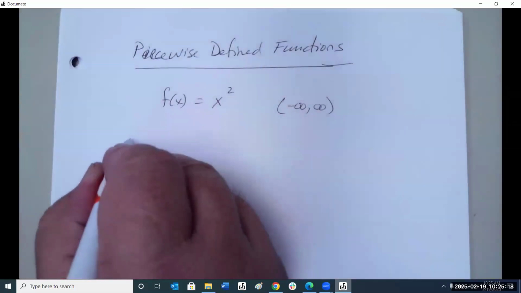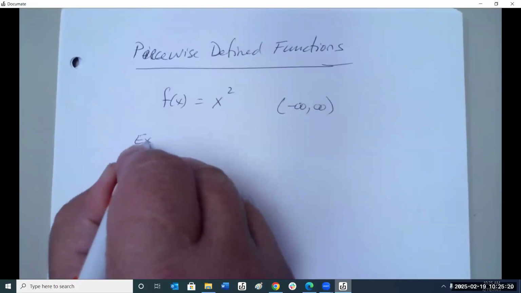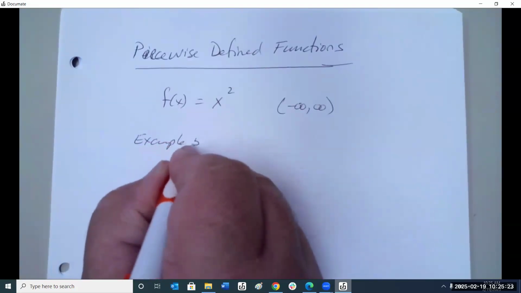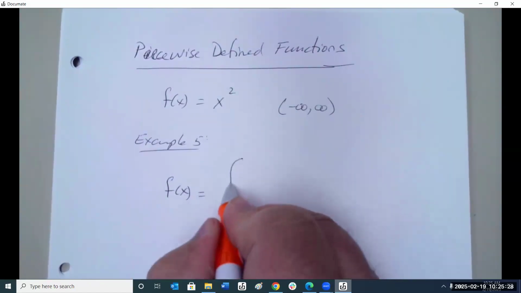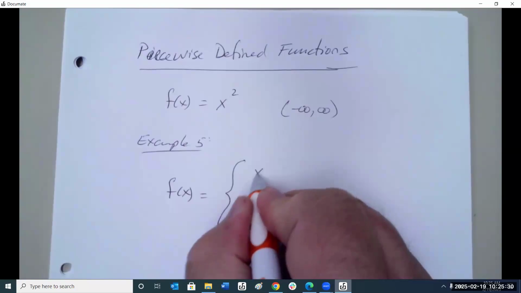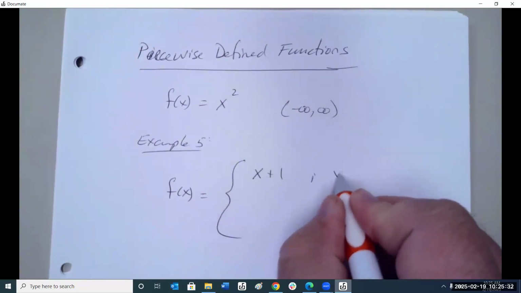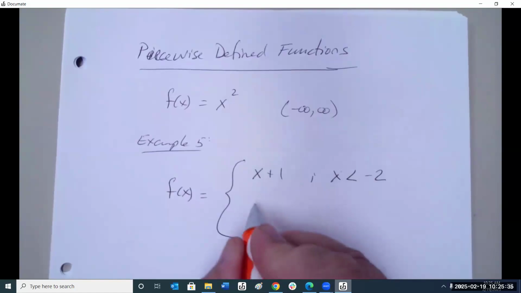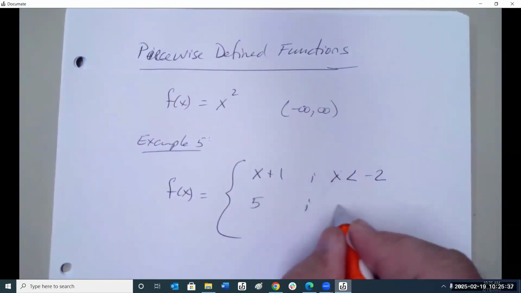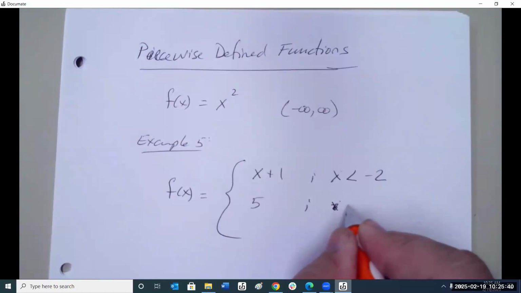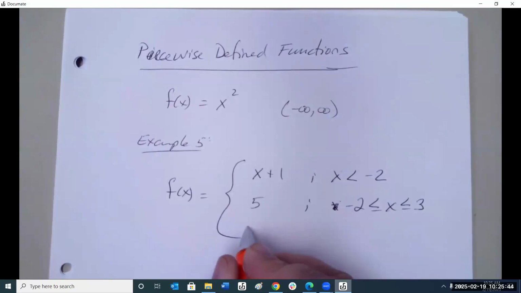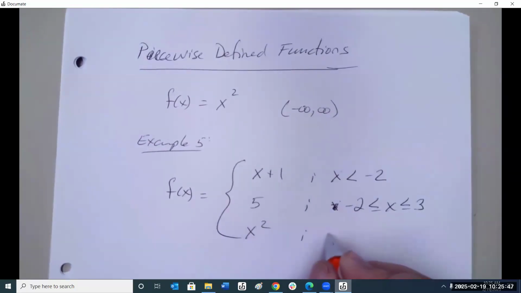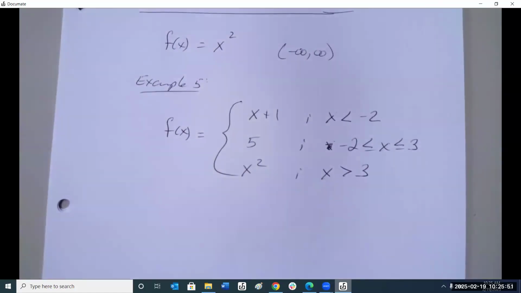But here's an example. What if I want to look at this function instead? That's a piecewise defined function.